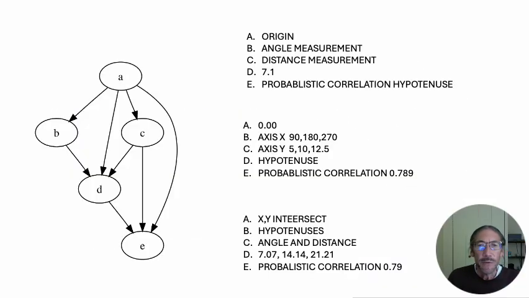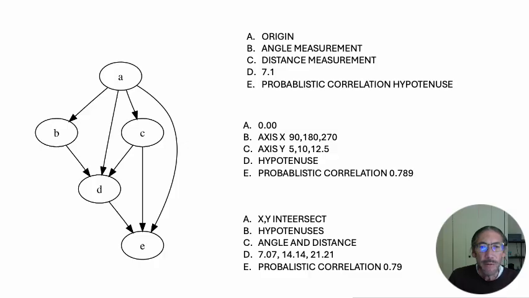In this case, regarding the graph that I will present following, you have the causation of the nodes. A, origin at 0,0 or XY intersect. It's a perpendicular intersect of two lines at a 90-degree angle. B and C can represent the angle measurement and distance measurement, or axis X, which is the angle, and axis Y, which is the distance.